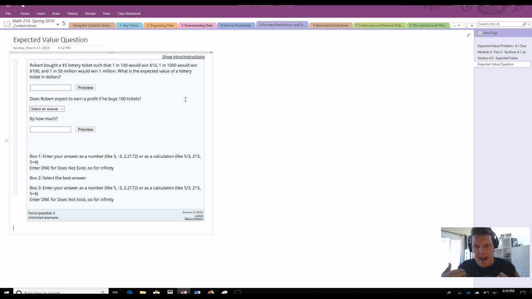So the first thing that I do whenever I'm working with expected value is I'm going to generate a discrete distribution here. And the first thing I want to do to generate that is write down all the possible outcomes that could occur. The first outcome that could occur is win $10.